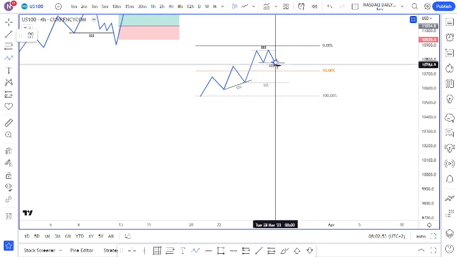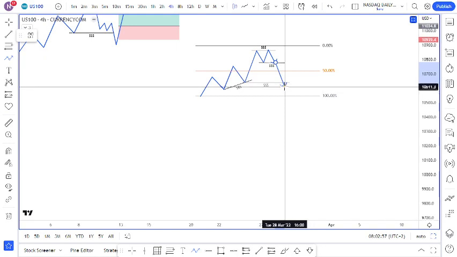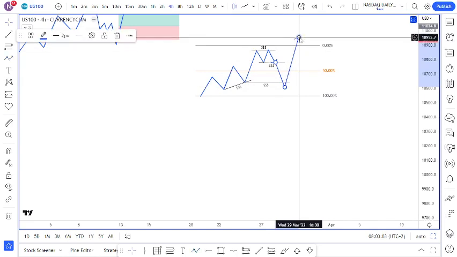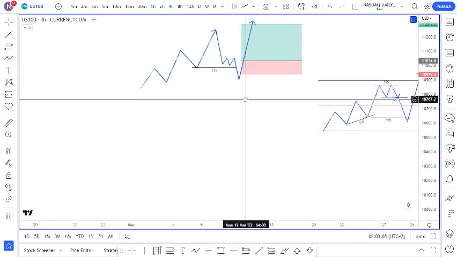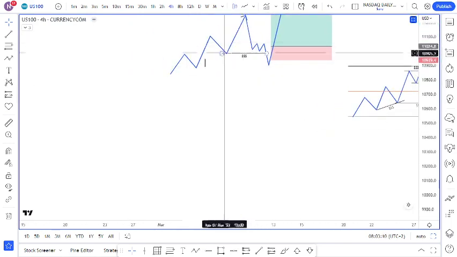Is for price to trade below this first inducement, below the inducement in the discounted zone, and then for price to reverse like that, right? In this situation as well, we also have trend line liquidity.